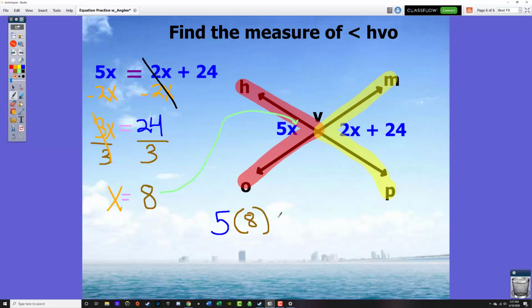And 5 times 8 is equal to 40. Okay, so the measure of angle HVO is equal to 40 degrees, ladies and gentlemen. And that's going to be our final example for this video.